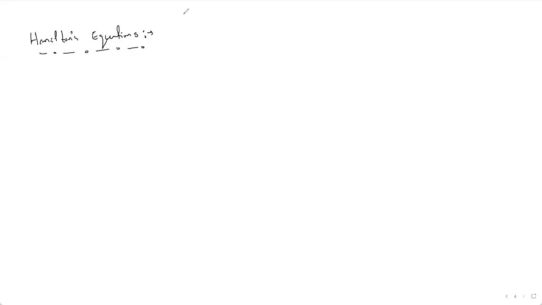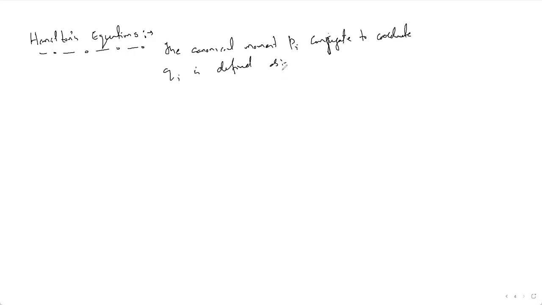Now you know the canonical momentum term, you must have heard of it. The canonical momentum, I denote it by pi, which is conjugate to a coordinate qi, is defined as, can anyone tell me how I can define this momentum?